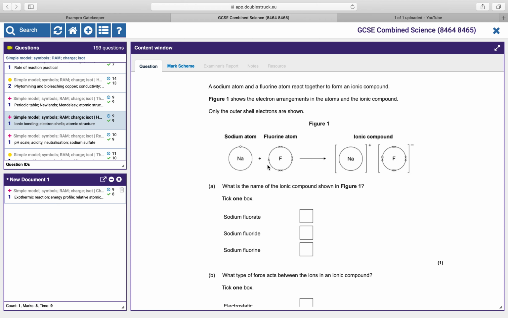They're going to end in IDE, so it'd be sodium fluoride. It's only the last one, the non-metal, that changes to IDE. It would be ATE if it contained oxygen. It doesn't contain oxygen, so it's IDE. It changes from fluorine to fluoride.